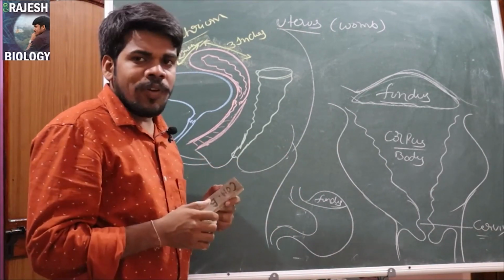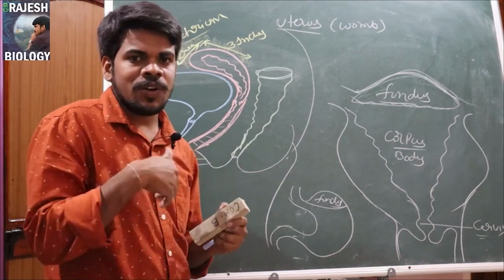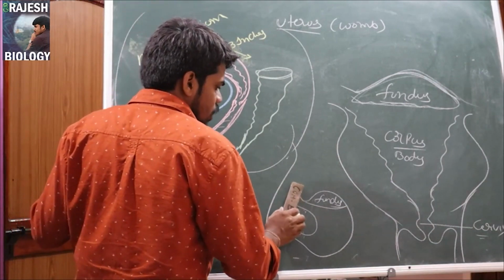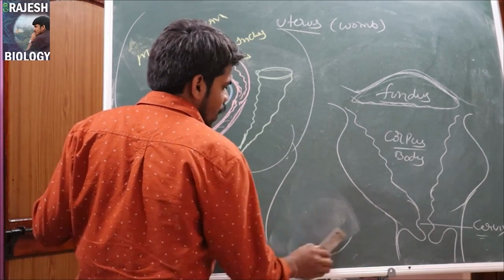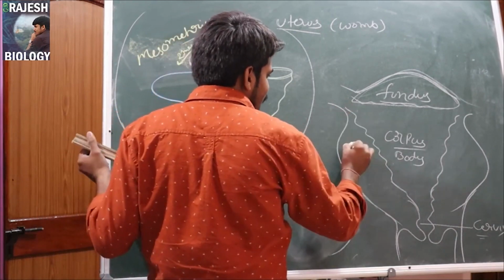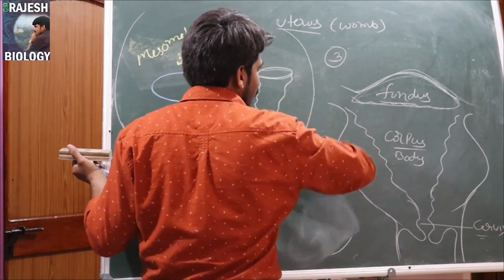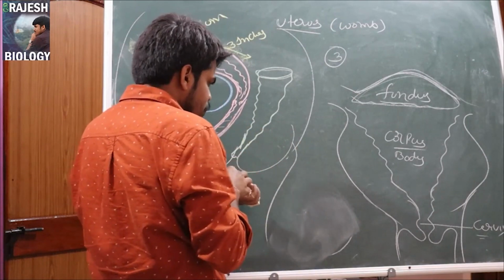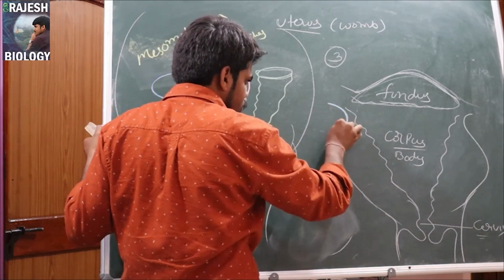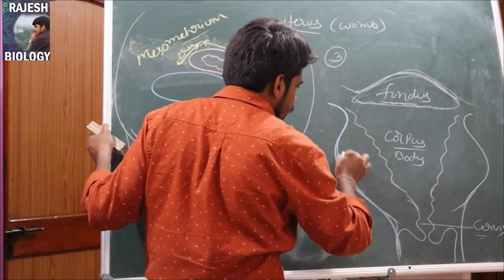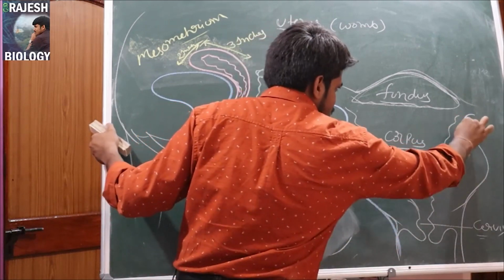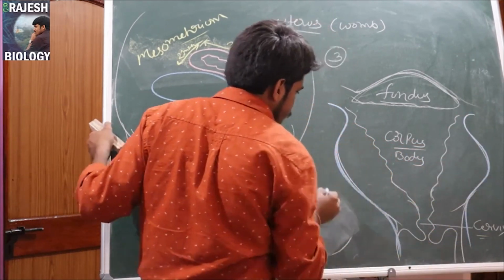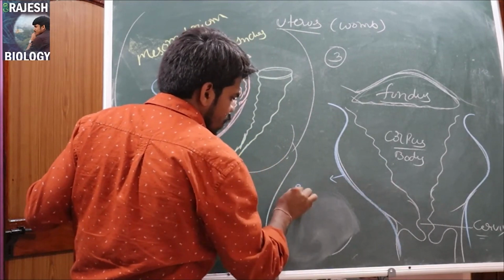And now we will discuss the layers of the uterus. I'll erase this one. There are 3 layers. How many layers are there? 3. The outermost is the perimetrium. I'll draw it with a blue chalk piece. This is what? Perimetrium.